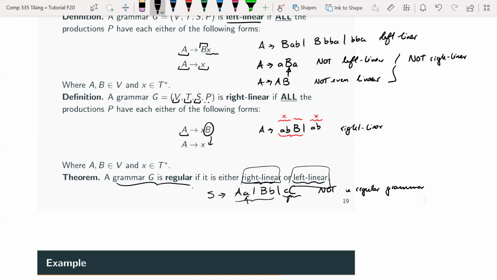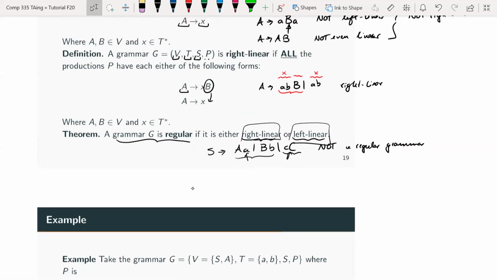So maybe a question for you: if I have S gives you, let me think, A, or let's say AA, is this regular? I have a feeling that no one's going to answer. Oh, okay, someone did answer. Okay, good.